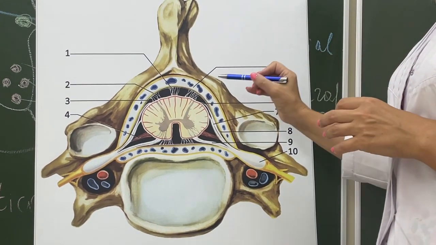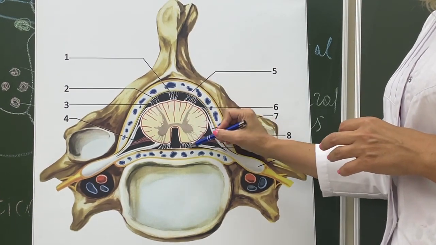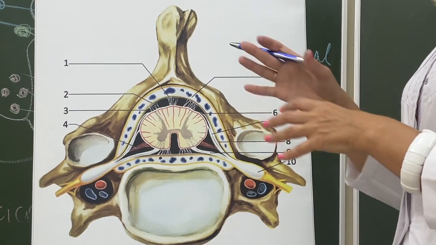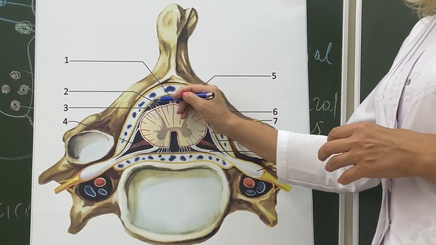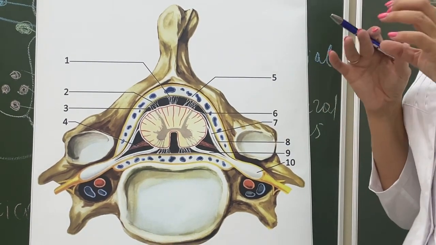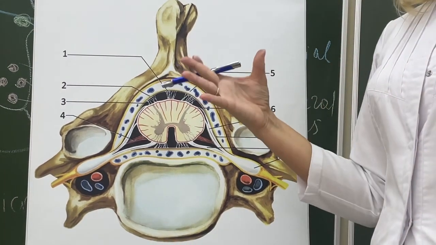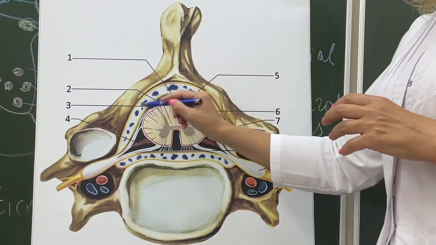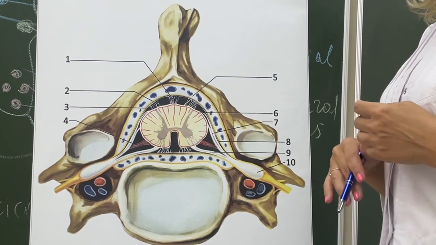Arachnoid mater. You see it has different trabeculas, it has different cells like cages, and we understand that the role of the arachnoid is to provide the filtration of cerebrospinal fluid. Because it consists of channels, cells and trabeculas, it is for cerebrospinal fluid drainage.